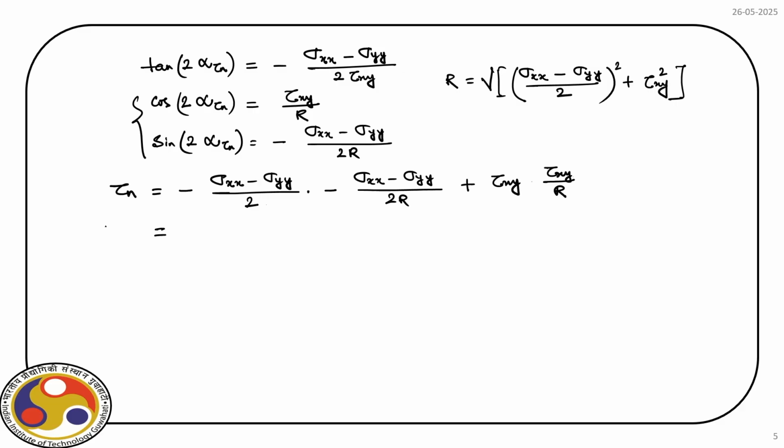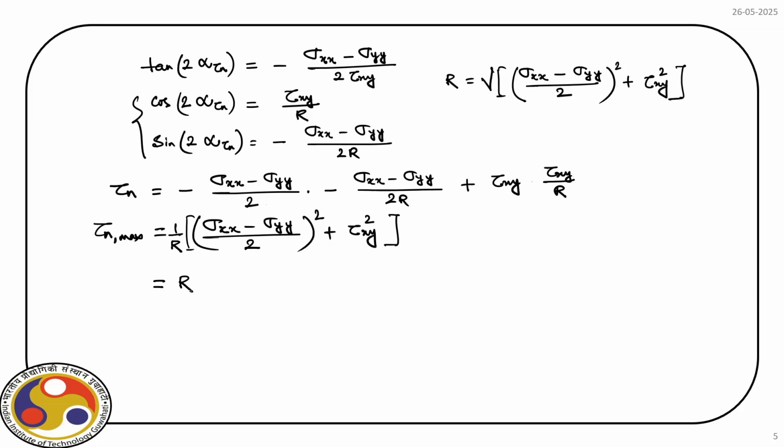So, ultimately tau n, this is maximum. So, let us write max is equal to sigma xx minus sigma yy by 2 whole square plus tau xy whole square, and we can take 1 by r common. So, we will have this expression. Ultimately, what we get is this third bracketed quantity is r square.